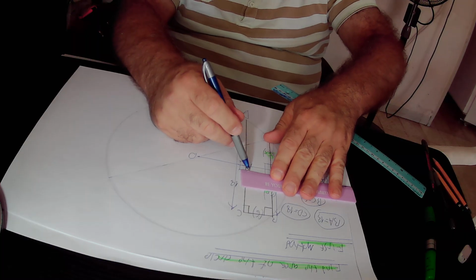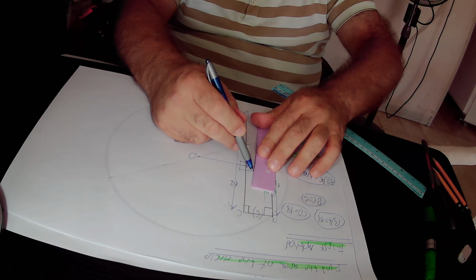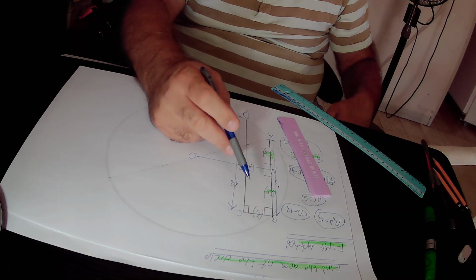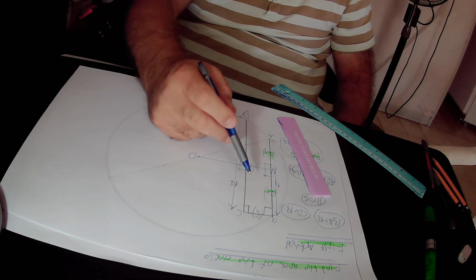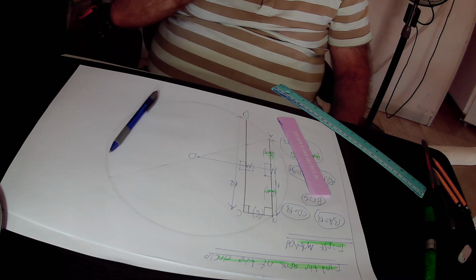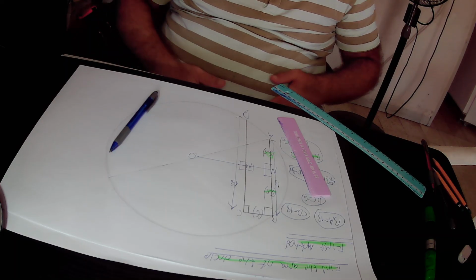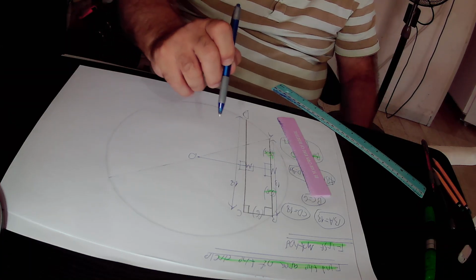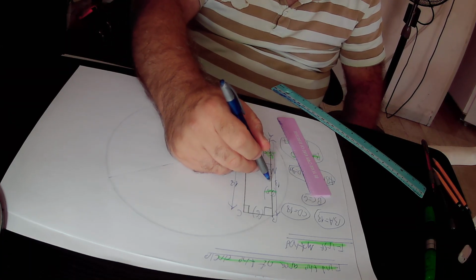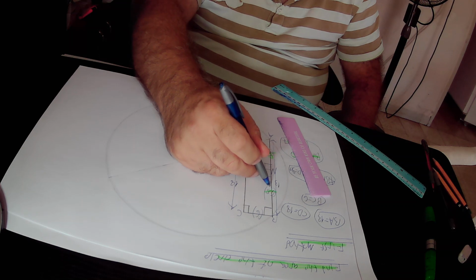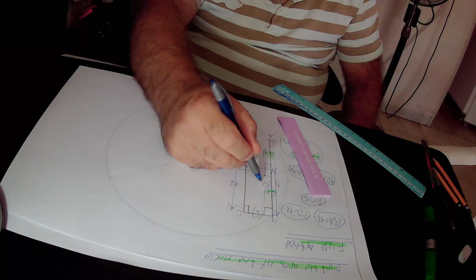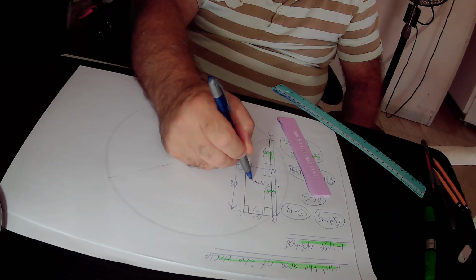So in quadrangle BCMN we have 4 right angles. According to rule 5, quadrangle BCMN is a rectangle. So I write it down: quadrangle BCMN is a rectangle because it has 4 right angles.